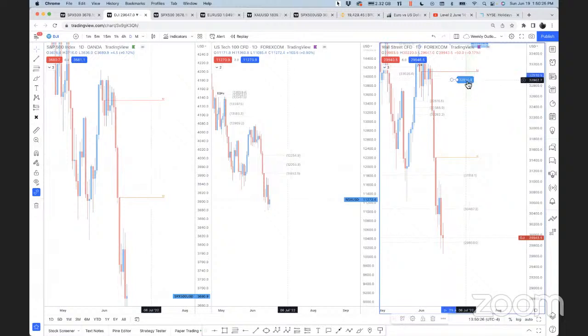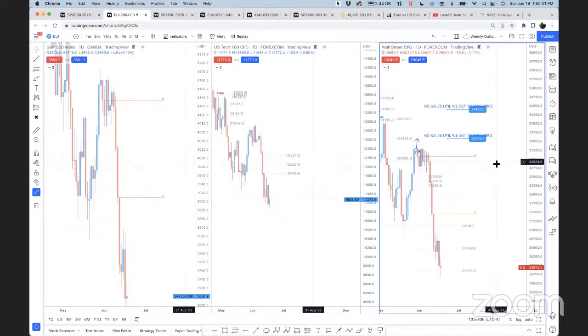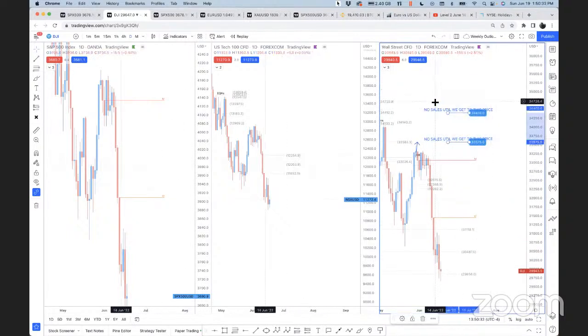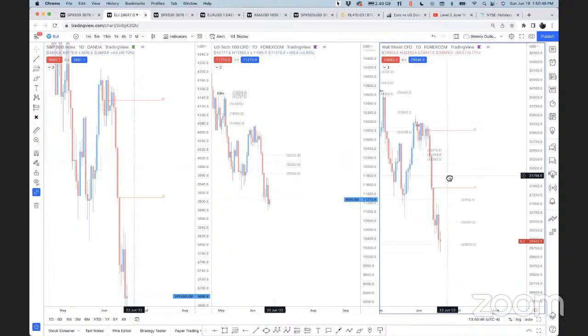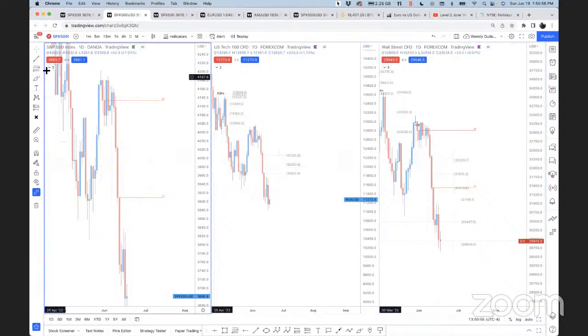This did great last week. All right, so now notice on each one of these, we got our imbalance here, here, and then we got one over here on SPX.